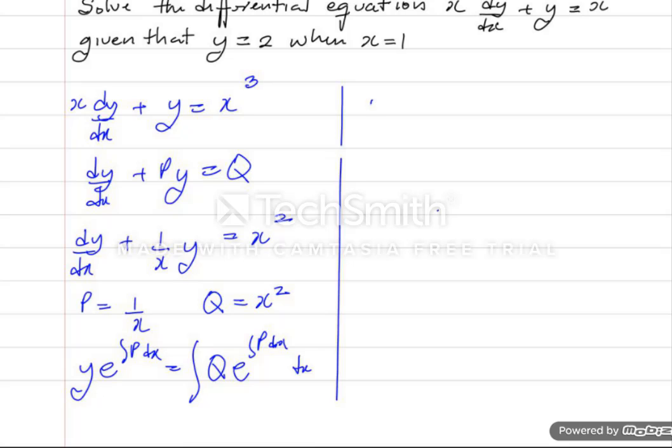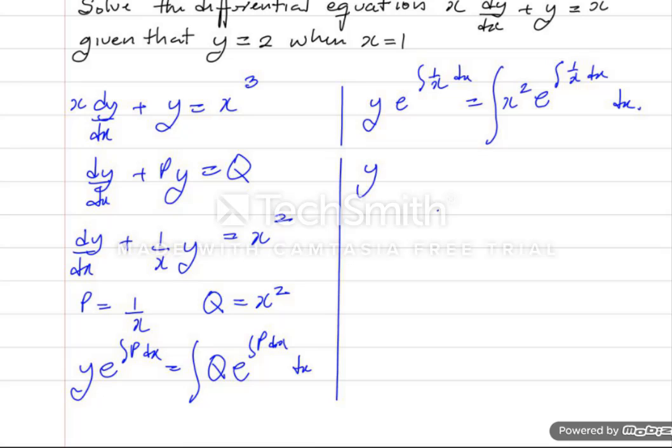So it means that y e to the integral of 1 over x dx, that's p dx, is equal to the integral of q, which is x squared, times e to the integral of 1 over x dx. When I integrate 1 over x, I'm going to get ln x.